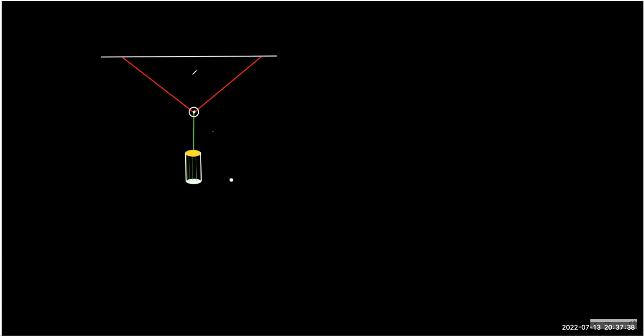You can see here, let's say this angle is alpha, that the string on the left is making. This is beta.